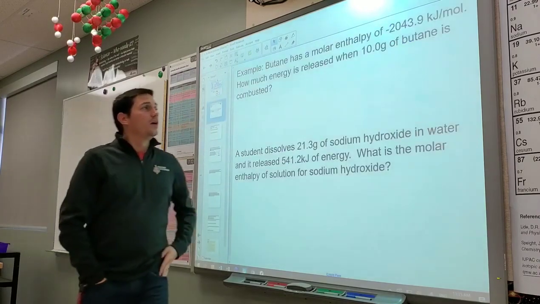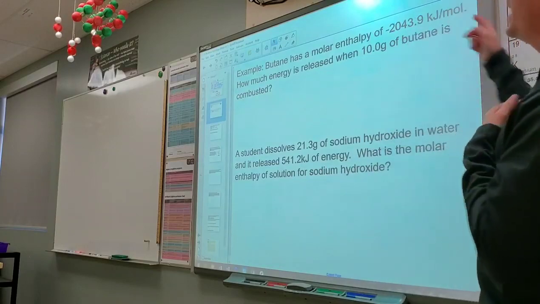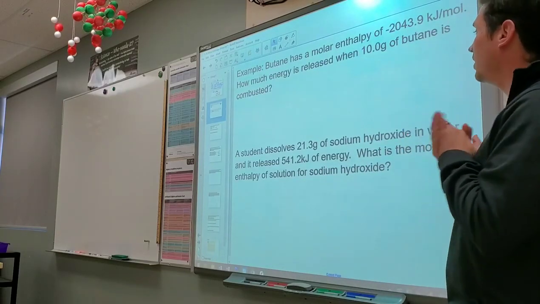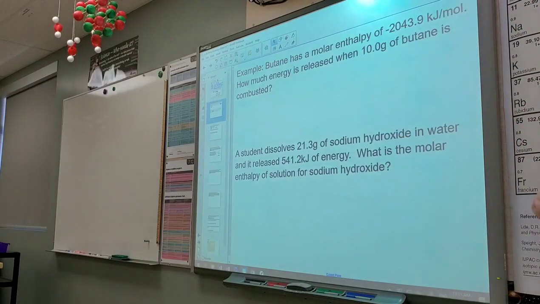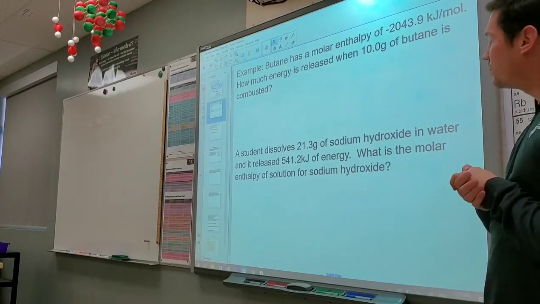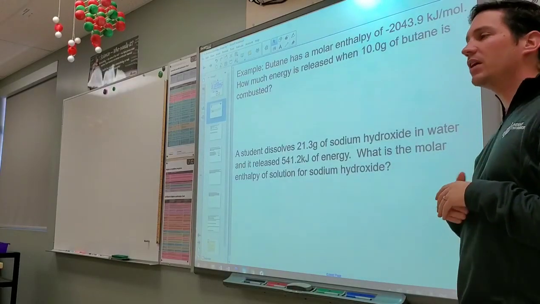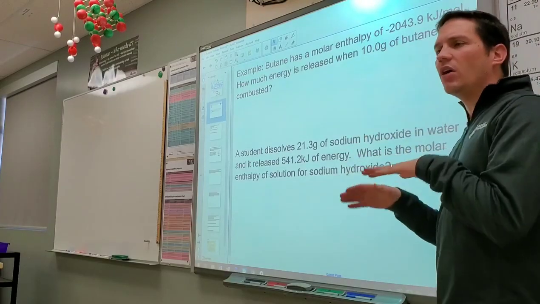Okay. By way of an example, butane has a molar enthalpy of combustion of negative 2,043.9 kilojoules per mole. What we want to know is how much energy is released when 10 grams of butane is combusted. Let me think about this for a second. Is this a stoichiometry problem?